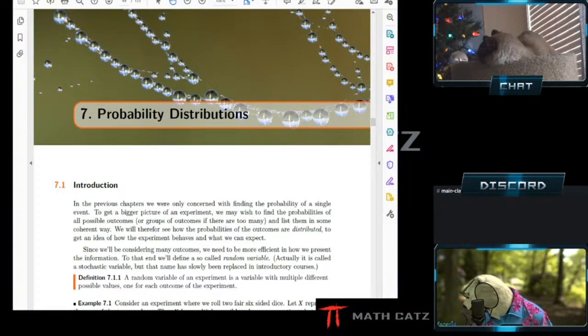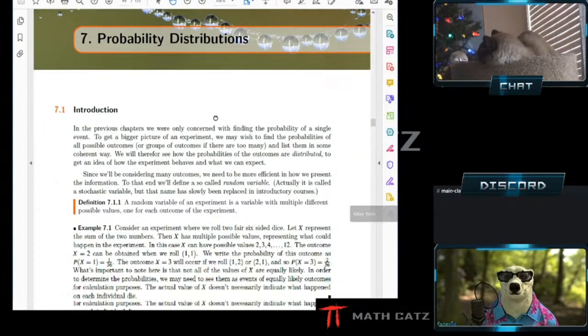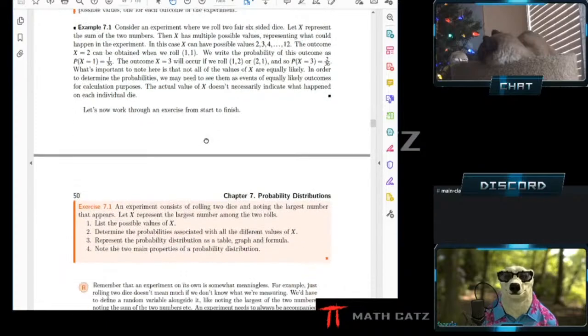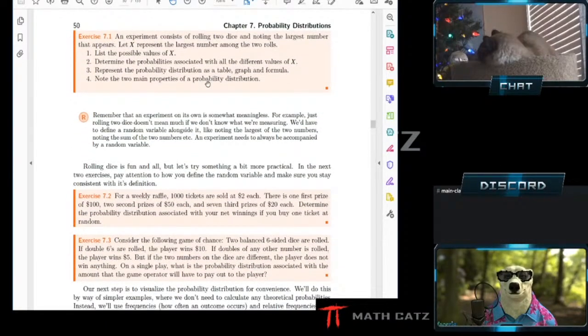So what I want to do is save time this time and just introduce everything by way of exercise 7.1, rather than introducing it and then changing things up with 7.1. Let's just do 7.1. It'll be the same.